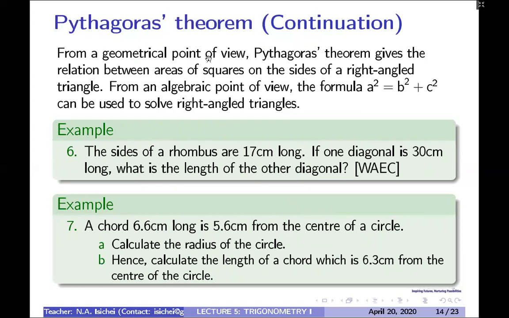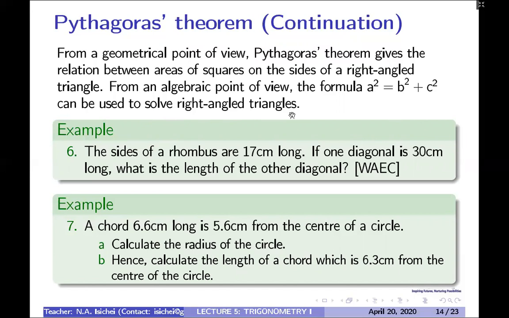So, from the geometrical point of view, Pythagoras theorem gives the relationship between areas of squares and sides of a right-angled triangle. But from an algebraic point of view, the formula A squared equals B squared plus C squared can be used to solve right-angled triangles.